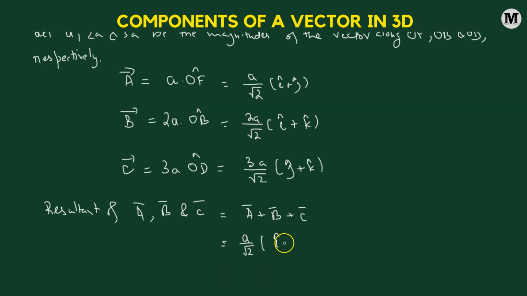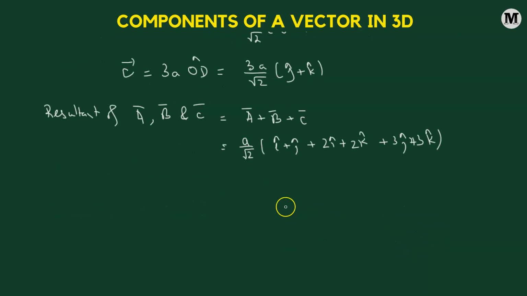It gets multiplied by I cap plus J cap plus 2I cap plus 2K cap plus 3J cap plus 3K cap. Now we have A over square root of 2 multiplied by: I cap plus 2I cap, that will be 3I cap. J cap plus 3J cap, that's 4J cap. And then we have 2K cap and 3K cap, giving us 5K cap. So this is going to be the resultant vector.